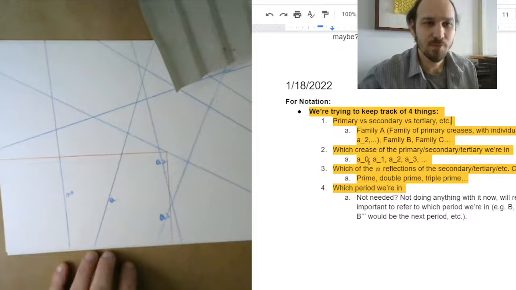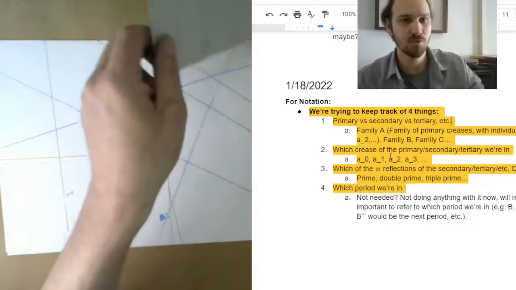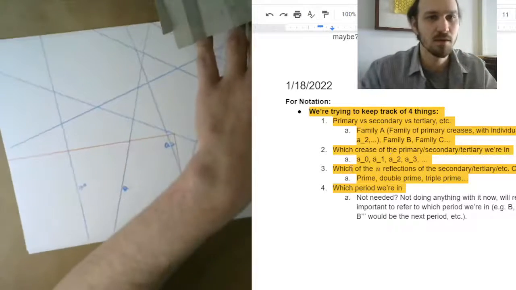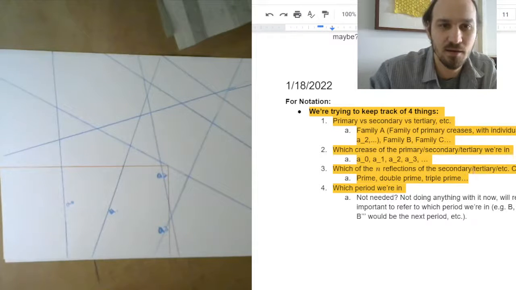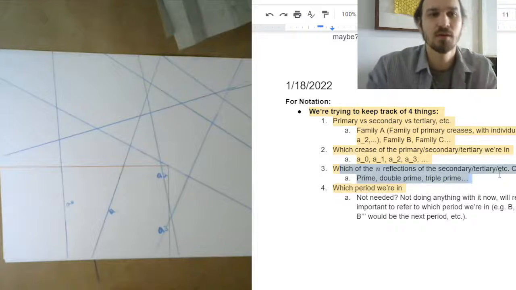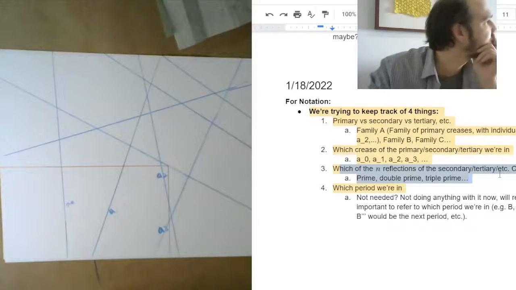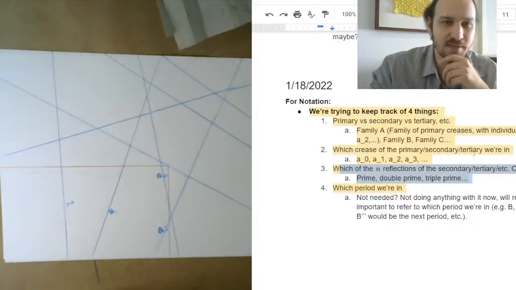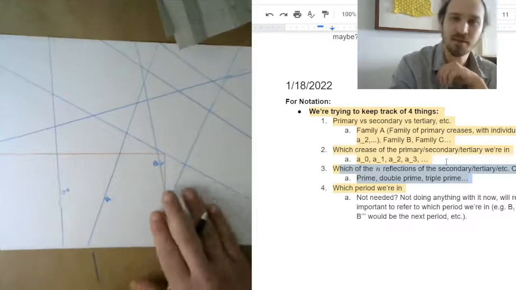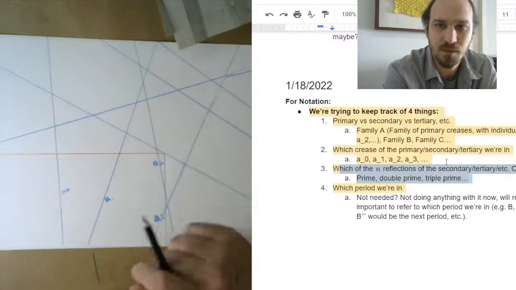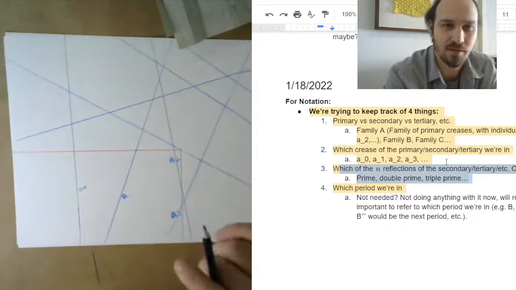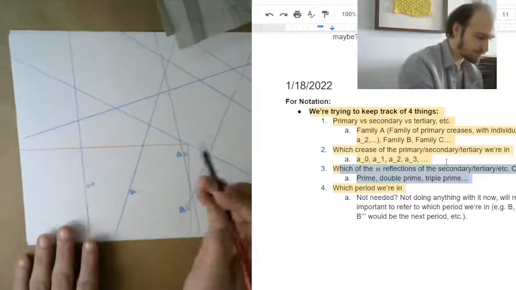We need to be able to keep track of, right. Okay, so I think this is good for now. We've got a setup for all the primary creases, and then the secondary creases.